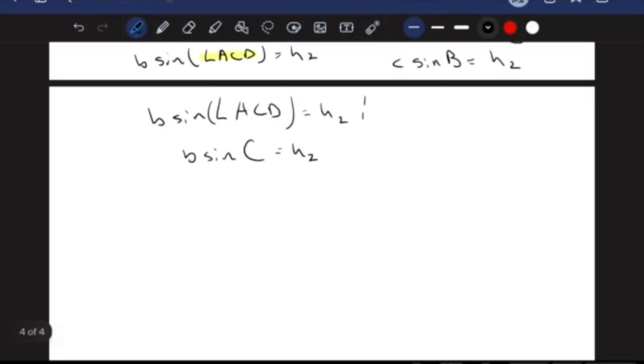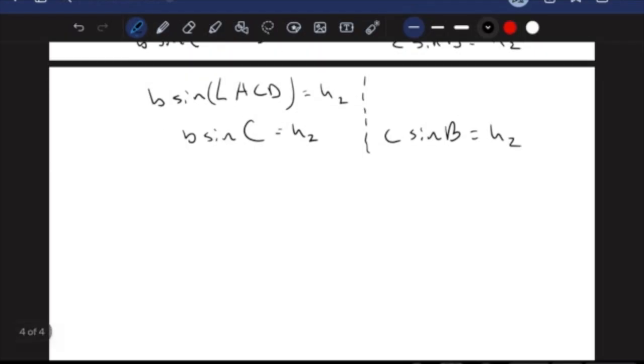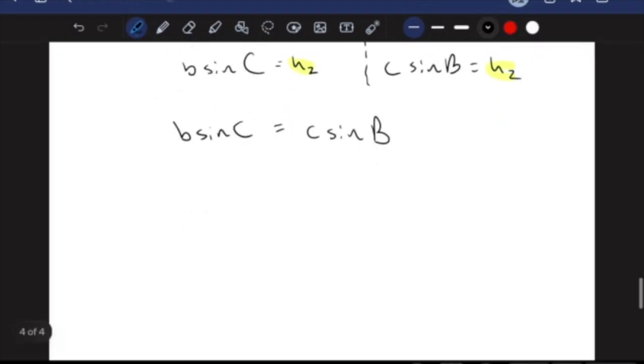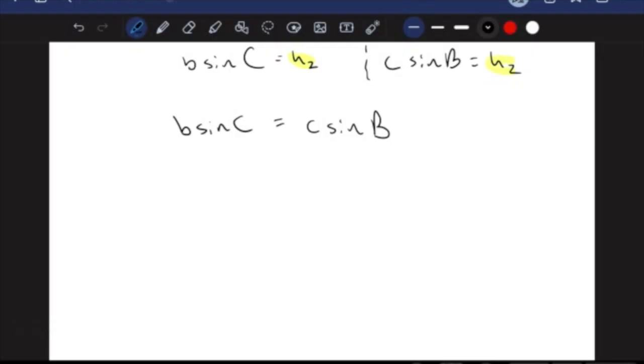And on this side, I still have what I talked about before, which was that C sine B equals H2. And now we're going to do that exact same trick that we did before. H2 and H2 are both the same, so I can set B sine C to equal C sine B. And I'm going to divide it through in the same way. So I'm going to divide both sides by C here.